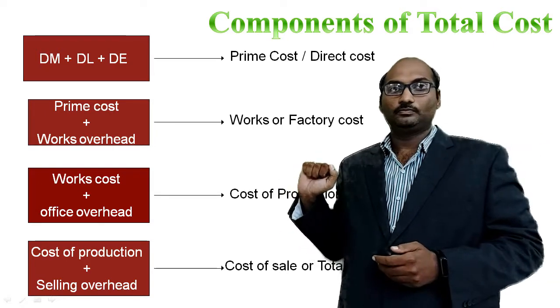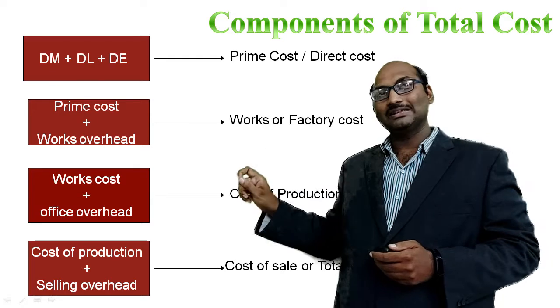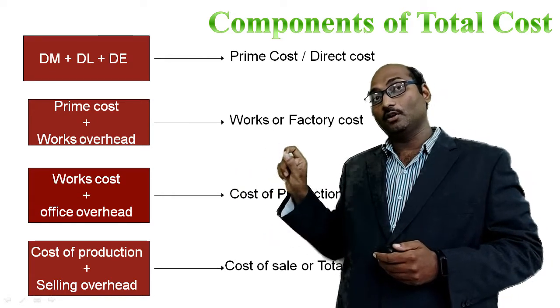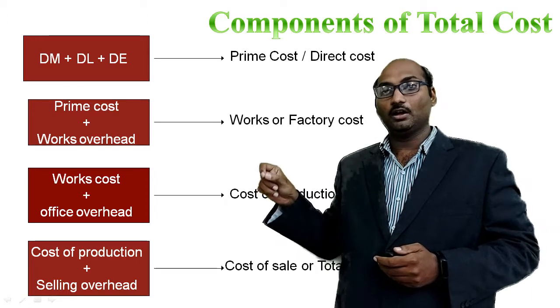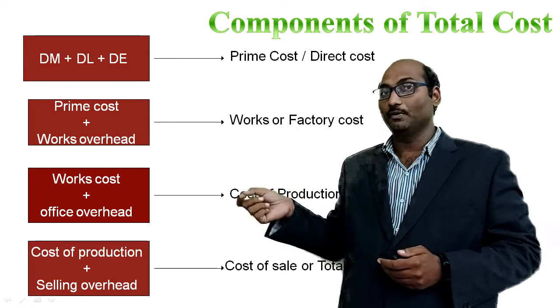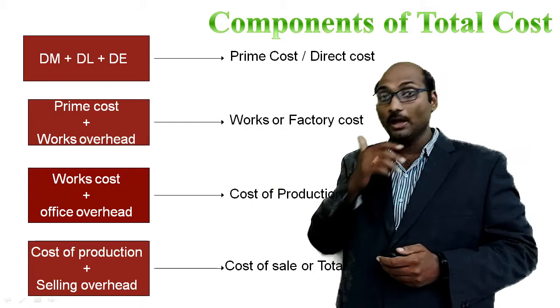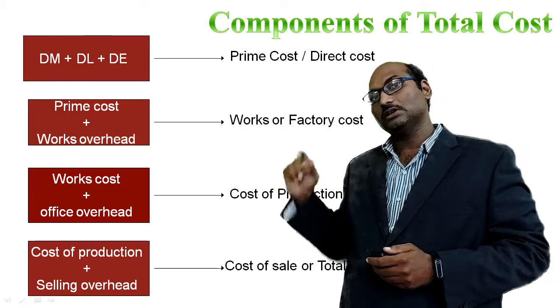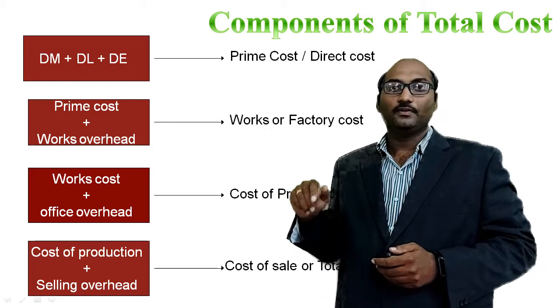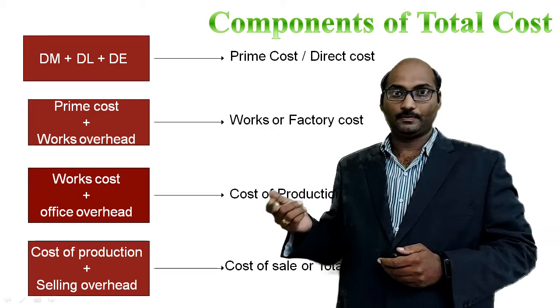Then cost of production plus selling and marketing overheads or distribution overheads all together will be the total cost. If we add profit to the total cost, that will become the price.